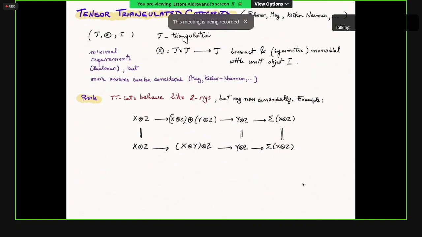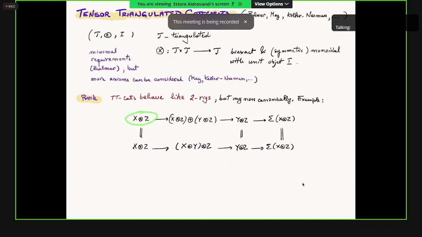What I like to point out is this very rough observation that once you have such a beast, it tends to behave in a certain way like a ring, or like a rig, because you don't have additive inverses in T, in the following sense. Suppose you take direct sums in two ways.